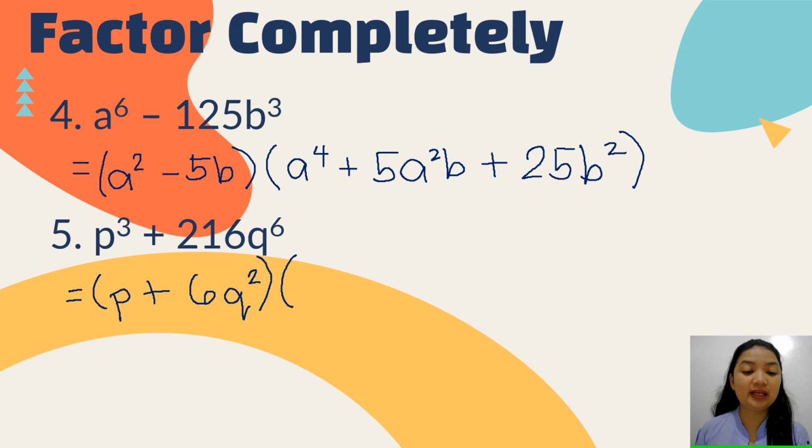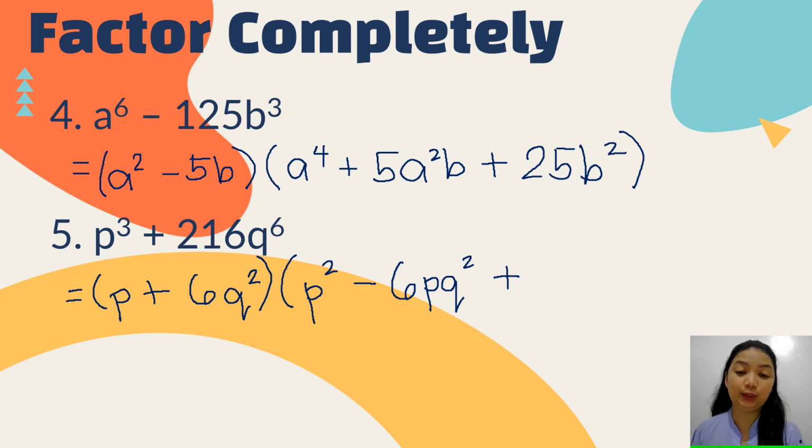And then square again the first term. So p squared minus, do not forget to change sign. You multiply the binomial terms. So we have 6pq squared. Then lastly, we have to square 6q squared, which is 36q to the 4.